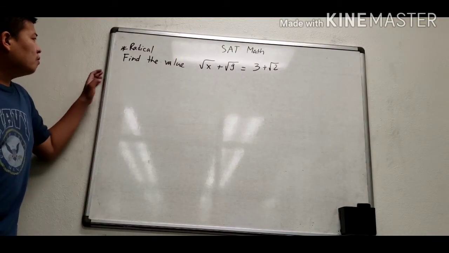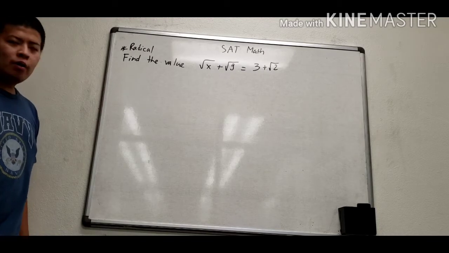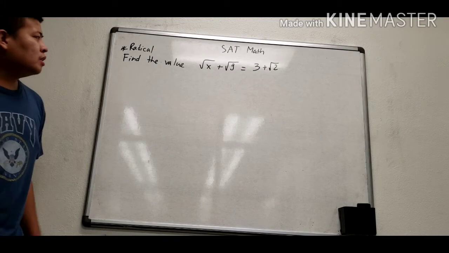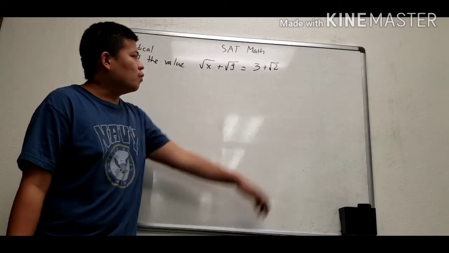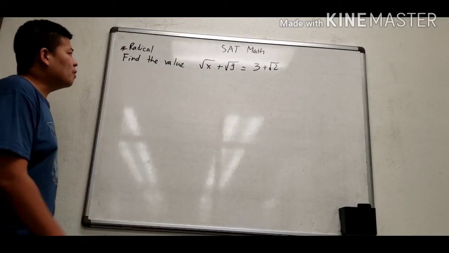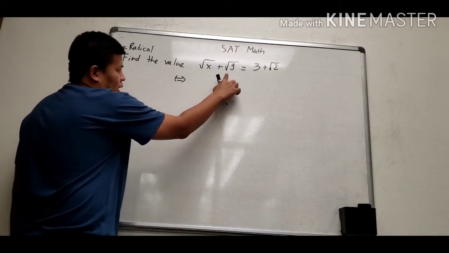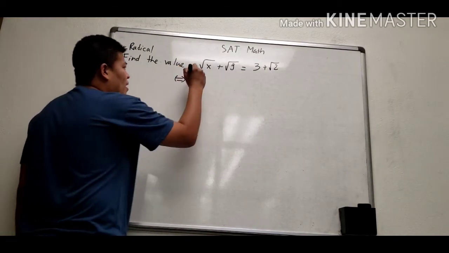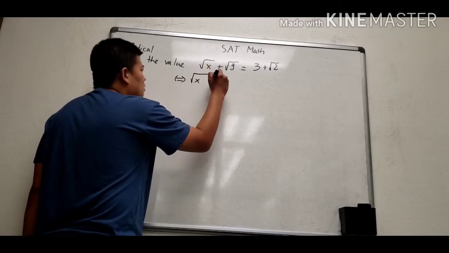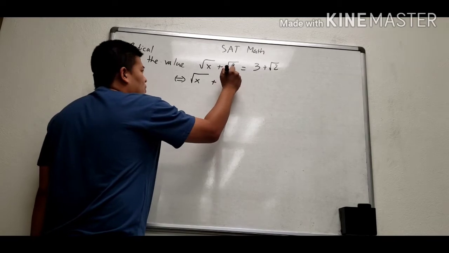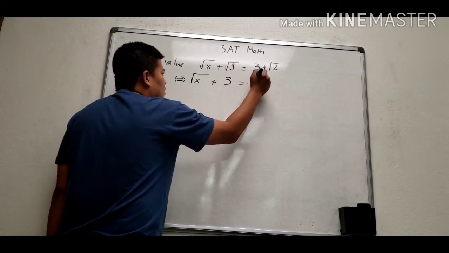For example, find the value of the square root of s plus the square root of 9 plus 3 equal to 3 plus the square root of 2. So in here, we just do the square root number first. We have the square root of s. The square root of 9 is 3, and 3.